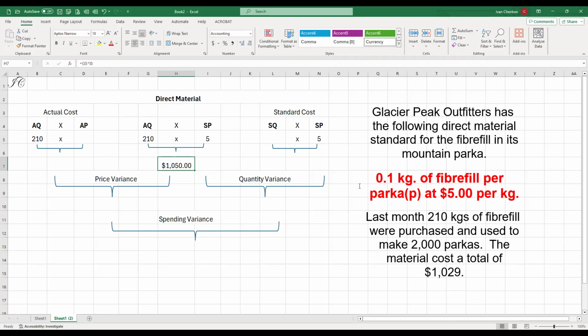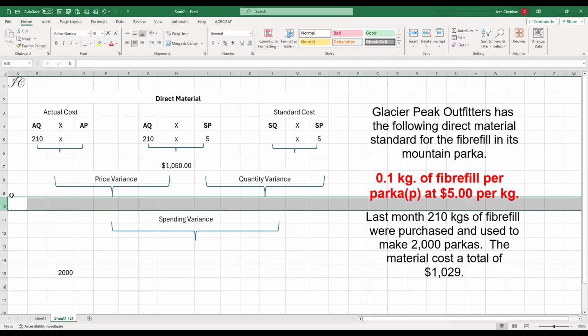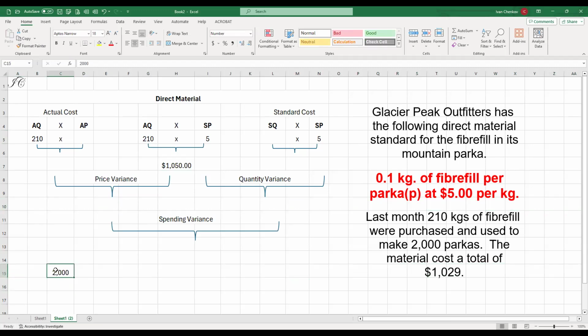Let's see what else I can get. This company used those 210 kilograms to produce 2000 units. Let's put 2000 units somewhere here. That's how much they produce, correct? The total material cost is $1,029.